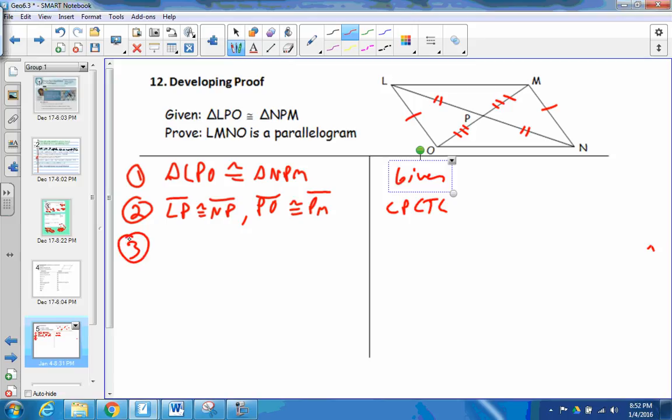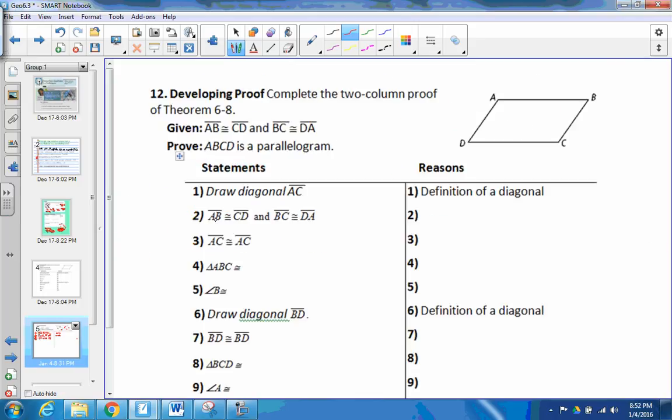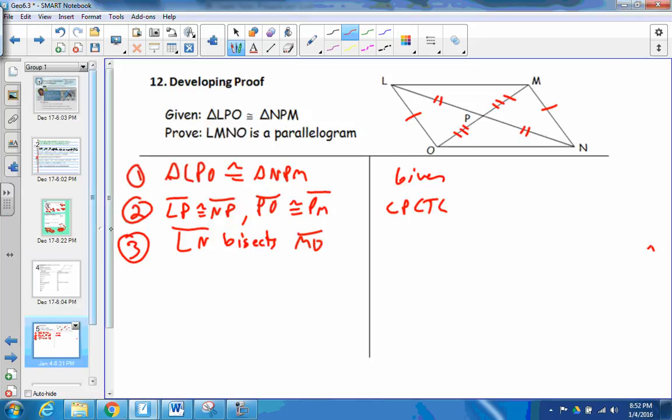Now, actually, with that, we already know that because they're congruent on each side, LN bisects MO. And that, again, is just the definition of a segment bisector.